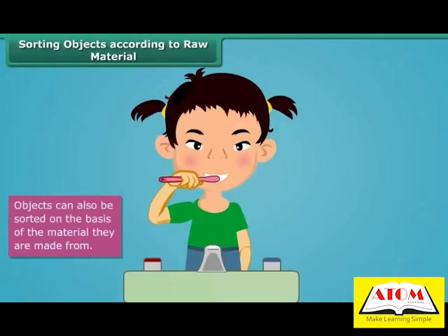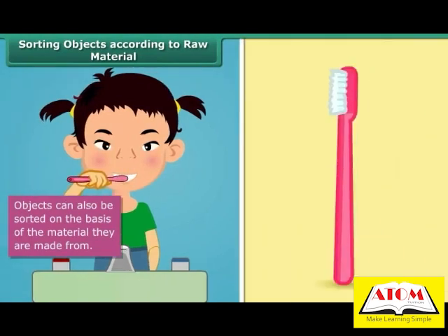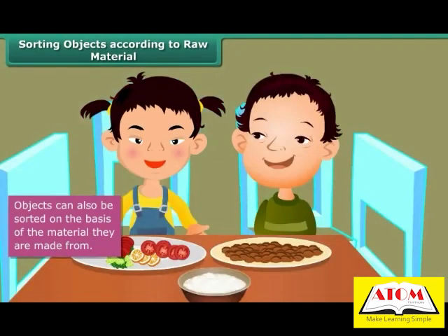The first object you use as soon as you wake up is your toothbrush. Have you ever wondered what it is made up of? It is made up of plastic. The plate you have your breakfast in is made of melamine or stainless steel.